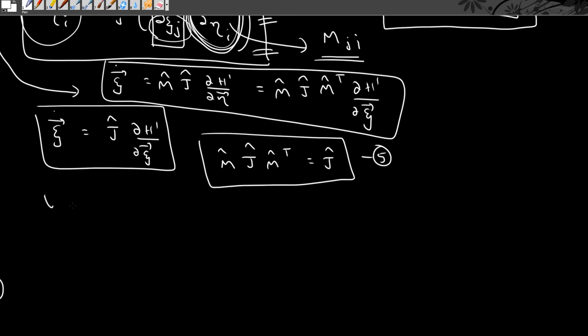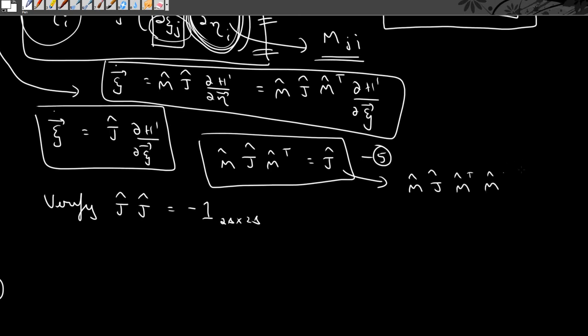Now I want you to verify that the matrix J multiplied by itself will give you the negative of the identity matrix 2s cross 2s. Okay, this is easy to verify, you can verify it yourself. So if you make use of this fact, before that this can be equivalently written as M̂ Ĵ M̂ transpose.